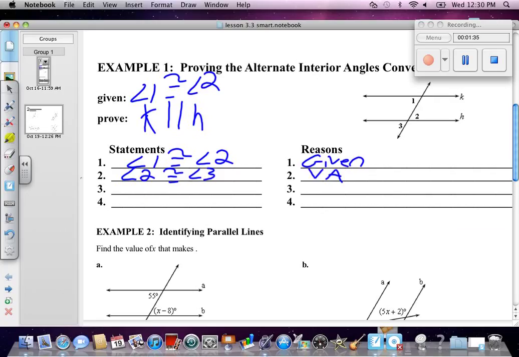And then angle 1 is congruent to angle 3 by transitive. Therefore, K is parallel to H by corresponding angle postulate converse.